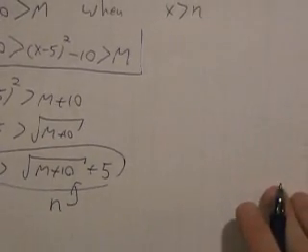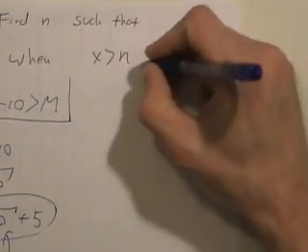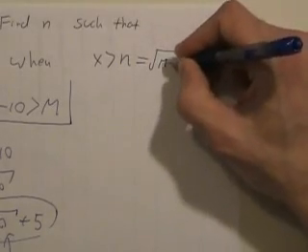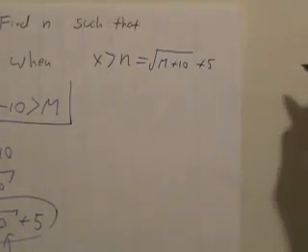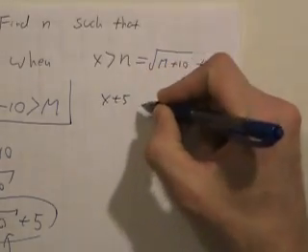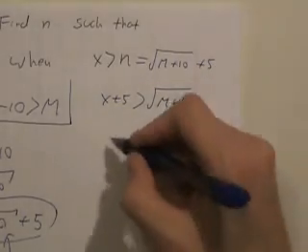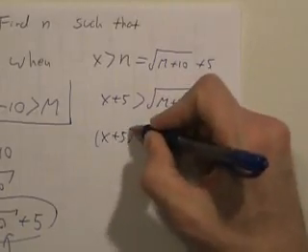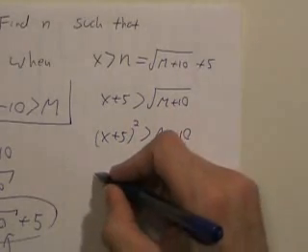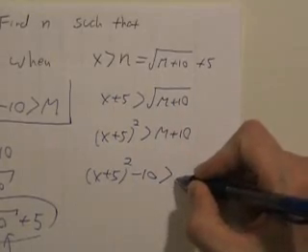Right? And then to finish it off, we will say let m be given. And so we'll say if n equals, can you see that? If n equals radical m plus 10 plus 5, it must be the case that x minus 5 is greater than radical m plus 10. And if that's true, it must also be the case that x minus 5 squared is greater than m plus 10. And then it must also be the case that x minus 5 quantity squared minus 10 is greater than m.